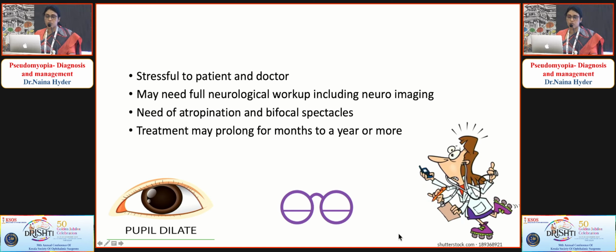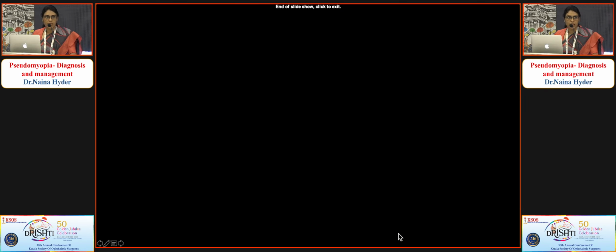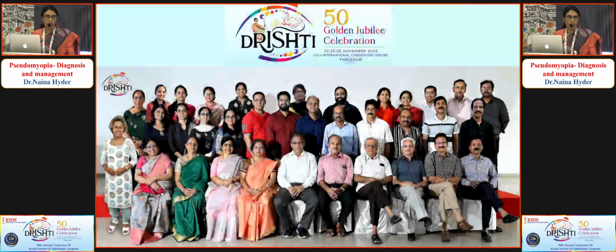So we need to sometimes go into details with the family and parents to know about all this. Atropinization and bifocal spectacles are advised, and treatment may prolong for months to a year or more. So to conclude, pseudomyopia has to be looked for in patients with myopia also.